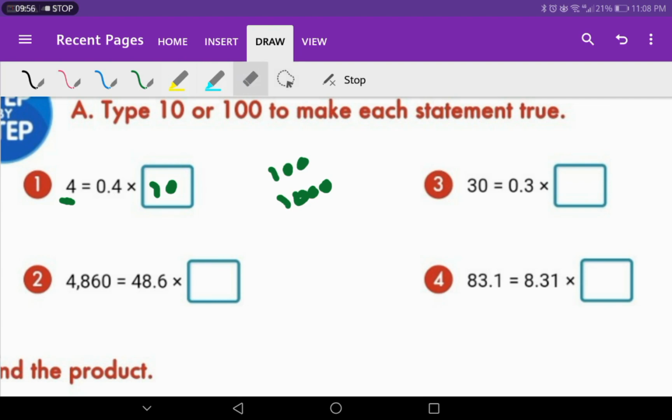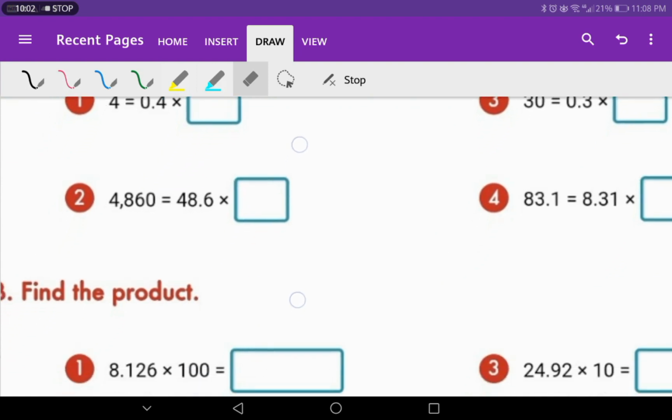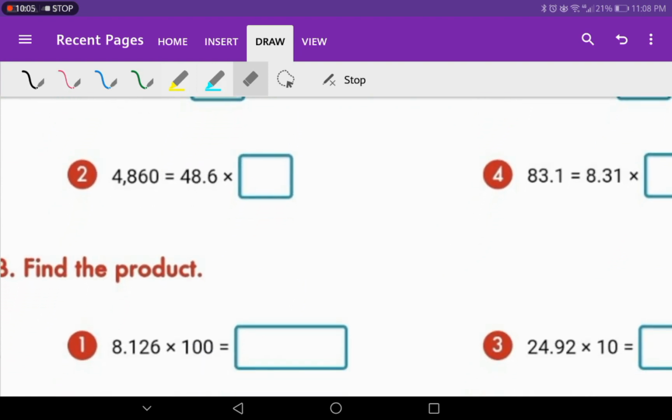Now let us move to number 2 here. Now, if you see this number, it is 48.6.